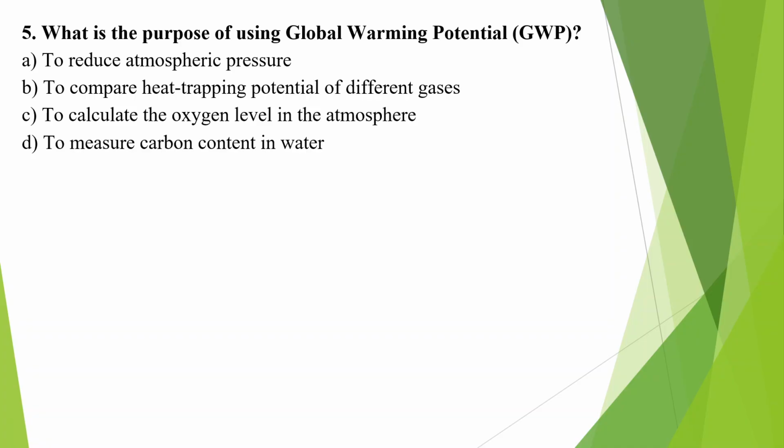Global warming potential, what does it basically state, or for what purpose has this particular terminology been given, or what is the significance of global warming potential? What does it signify?